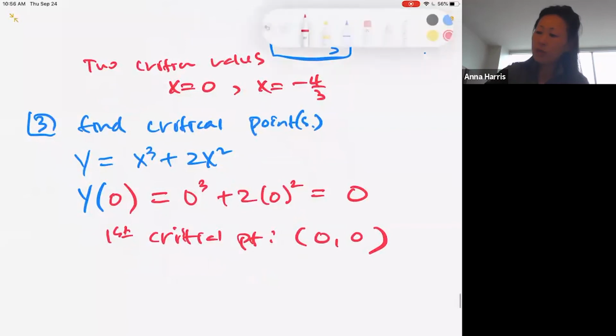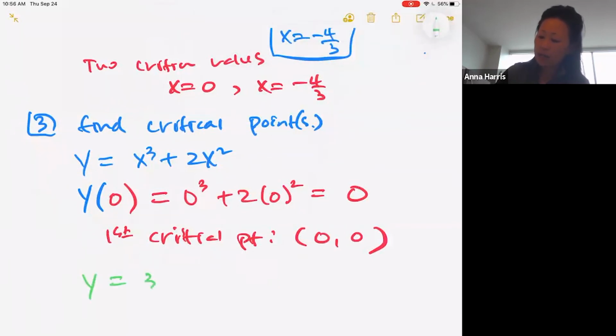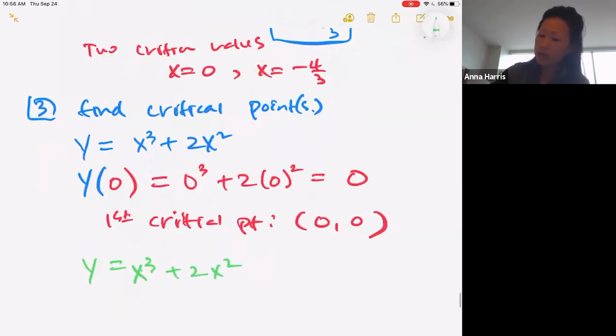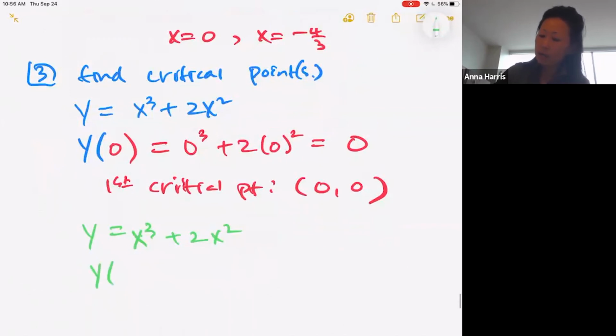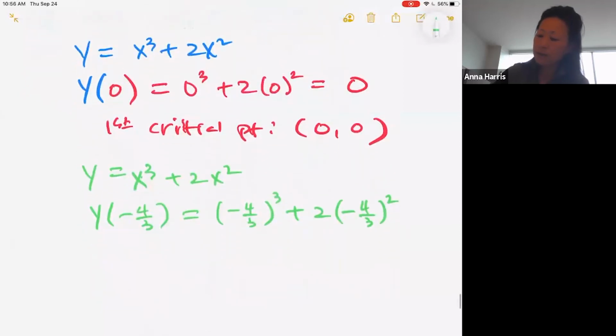Now let's move on to your second one. y equal to x to the third plus 2x squared, and I plug in x equal to -4/3. Remember, this is what I'm doing. So the -4/3 to the third power plus 2 times -4/3 squared.